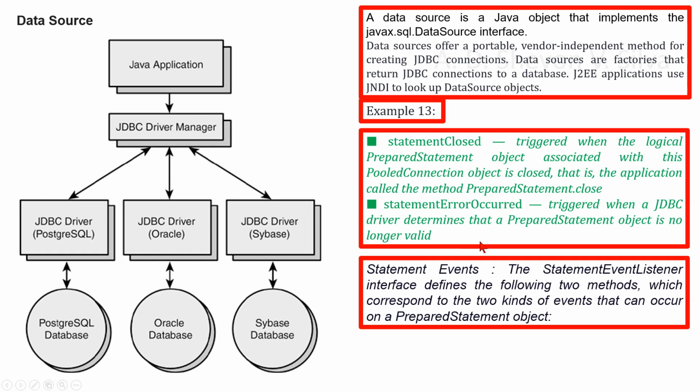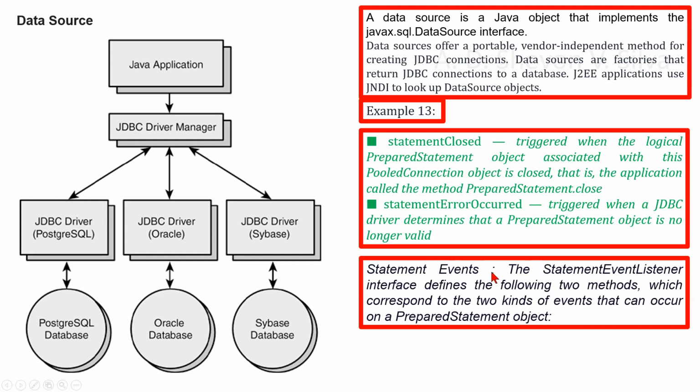If the connection pool manager supports statement pooling for the prepared statement object, it must implement the StatementEventListener interface and then be registered as a listener by the PooledConnection object.